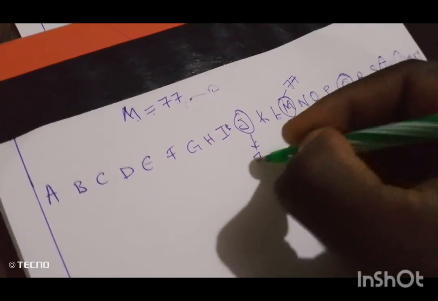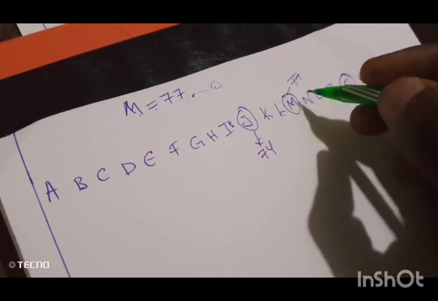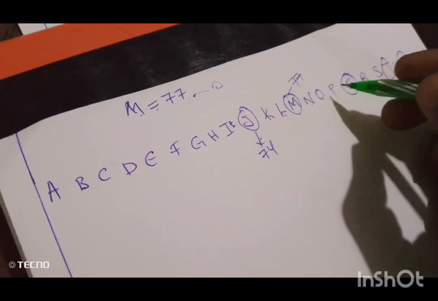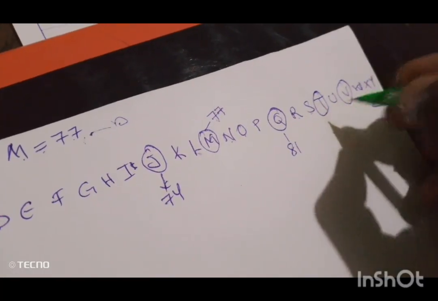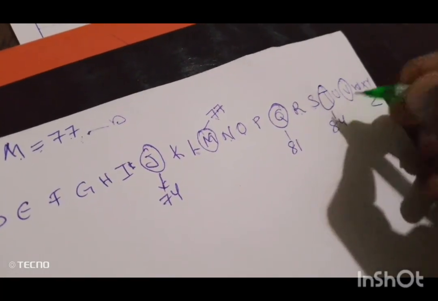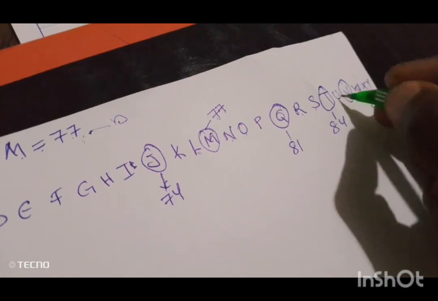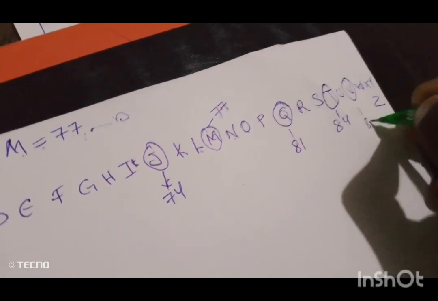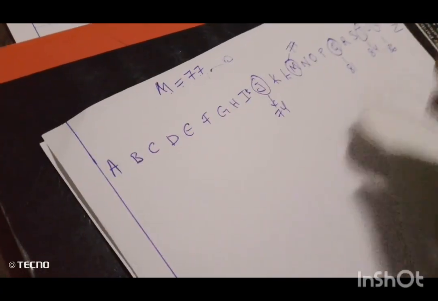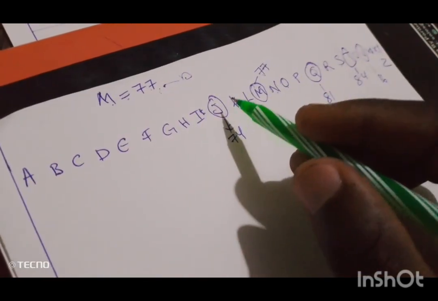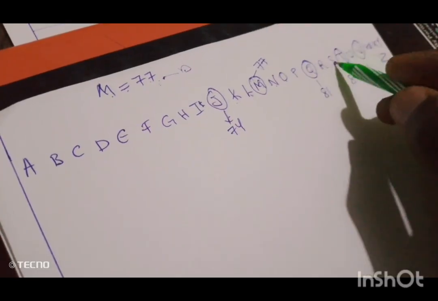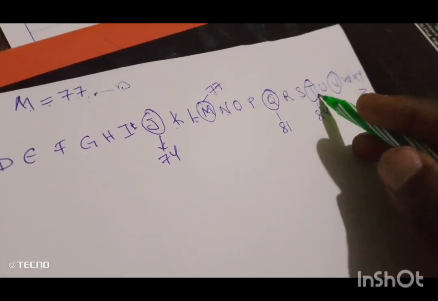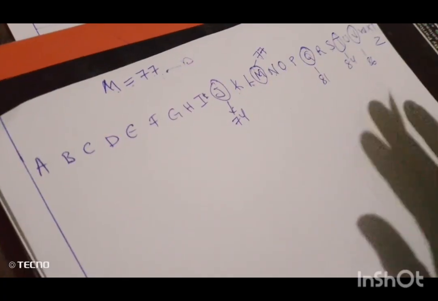So j is 74, and then 77, 78, 79, 80, 81. So this is 81. Then 82, 83, 84, this is 84. Then 85, 86, this is 86. Let me just verify: 74, 75, 76, 77, 78, 79, 80, 81, 82, 83, 84, 85, 86. Everything goes according to plan.